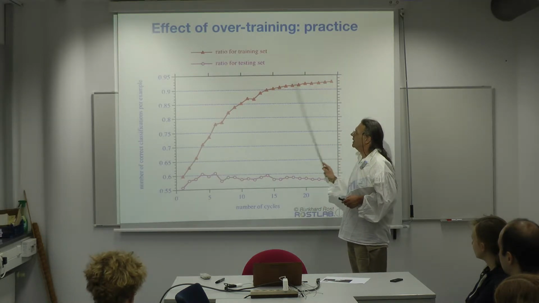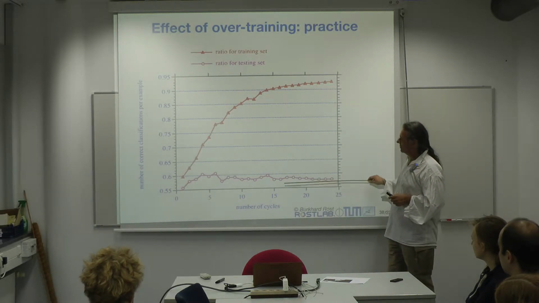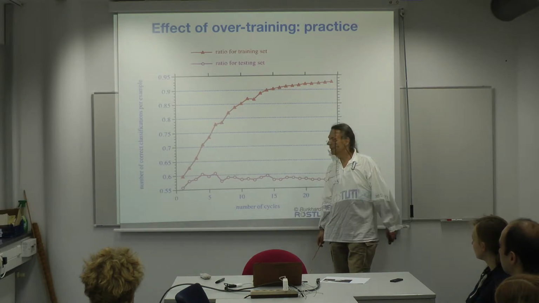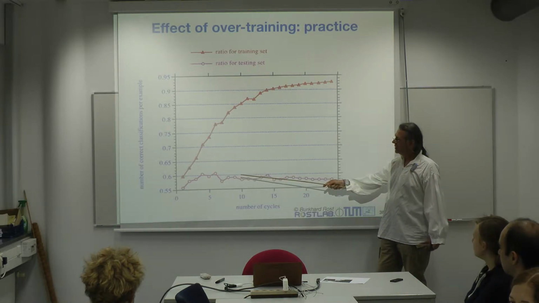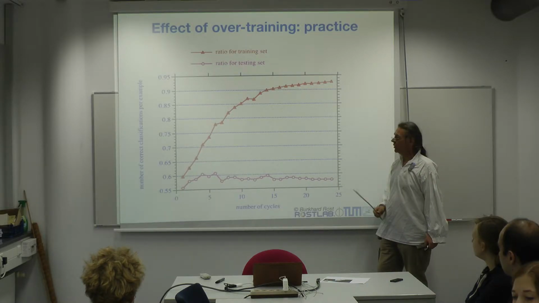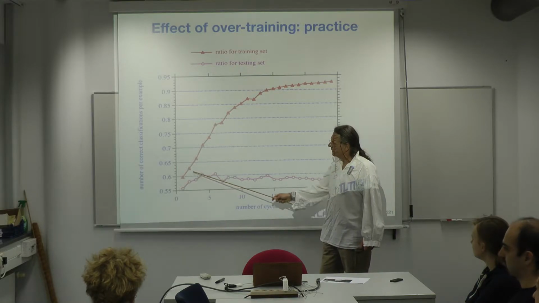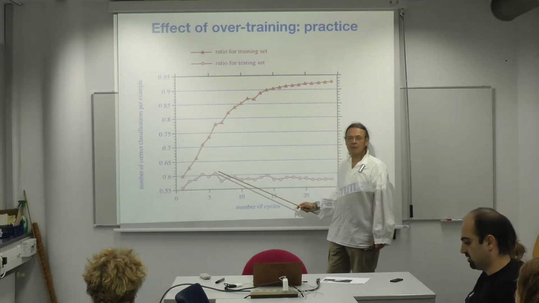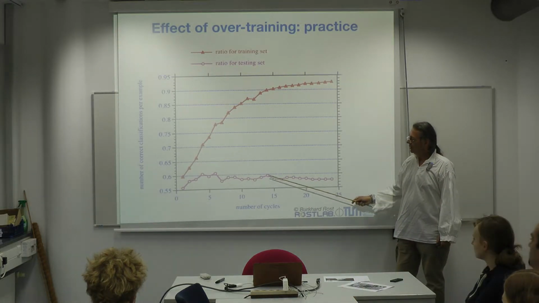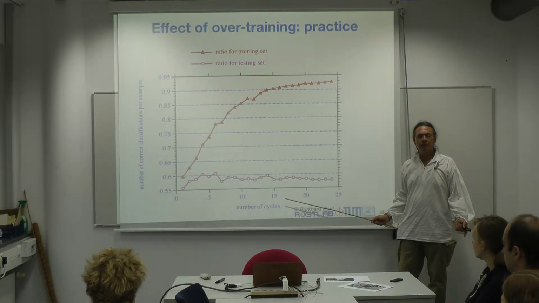The previously green is here, the red one, that's the training set, and the previously blue is pink here, purple, and you see that now, in fact, yes, there's overtraining, because there is a part of the training when this goes up, and then comes something where that no longer goes up, there's a saturation. But the overtraining point here is much more difficult to find.